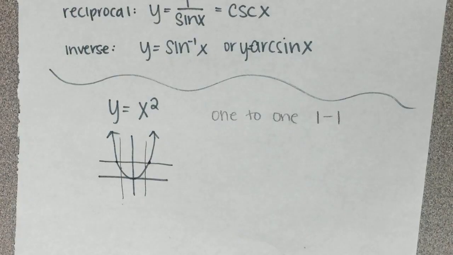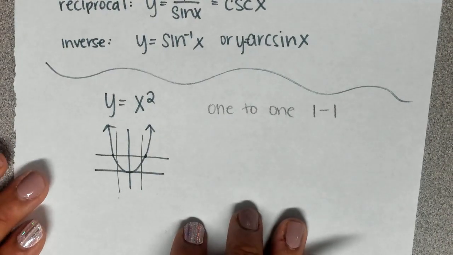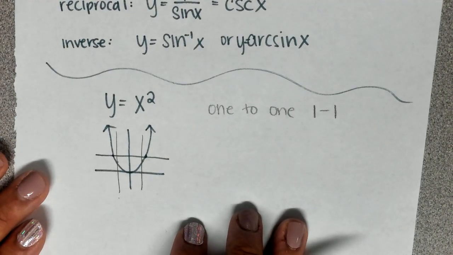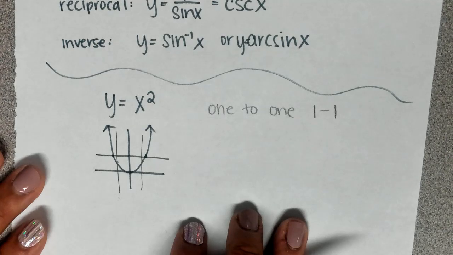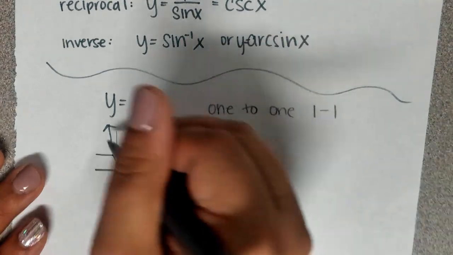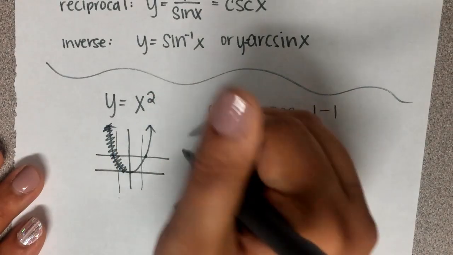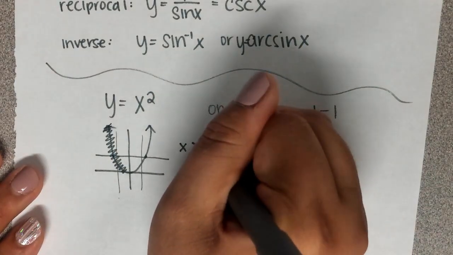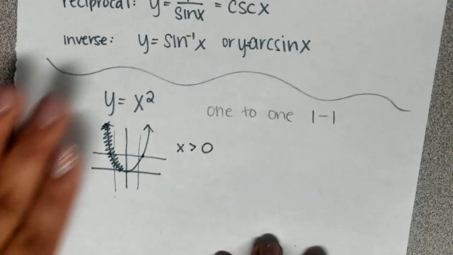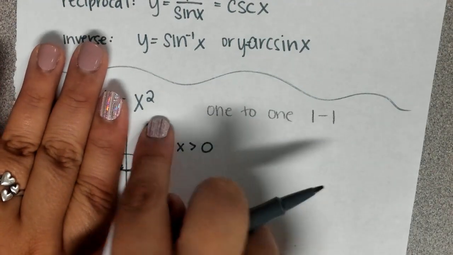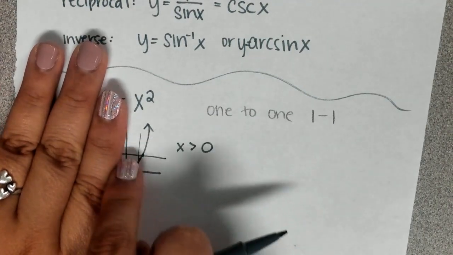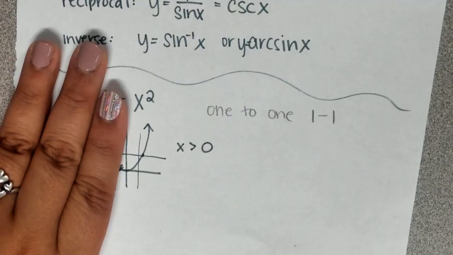So I can change this function to make it pass the horizontal line test. How? Can I just restrict the domain so that x is greater than 0? And if I just showed this part right here, do you agree now it passes the vertical and horizontal line test?